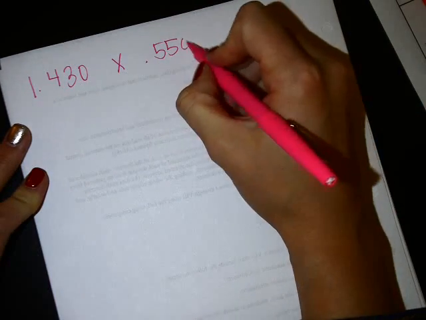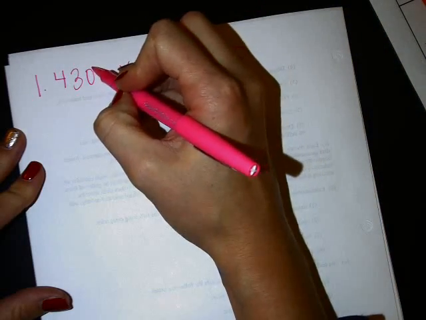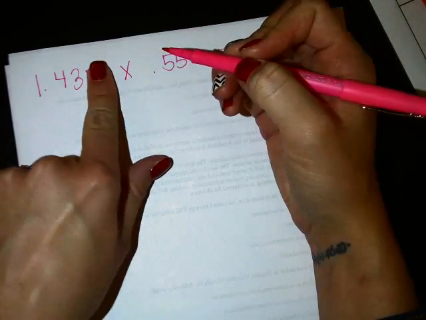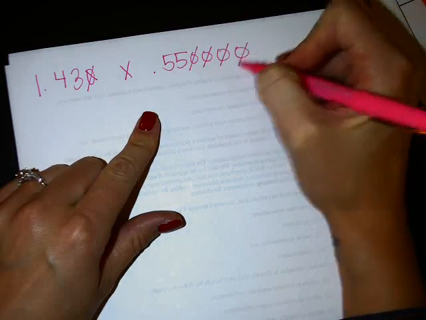So if you had something like 1.430 times 0.55, the first thing is, these zeros at the end, we could add zeros onto the end of these all day, but it's not going to change anything. So if you ever have a zero like this, you can cross it off. We can just do 1.43. It's the same as just adding those zeros. These don't change the number at all, okay?